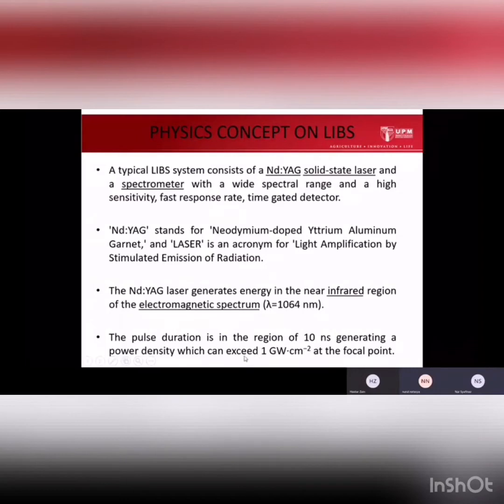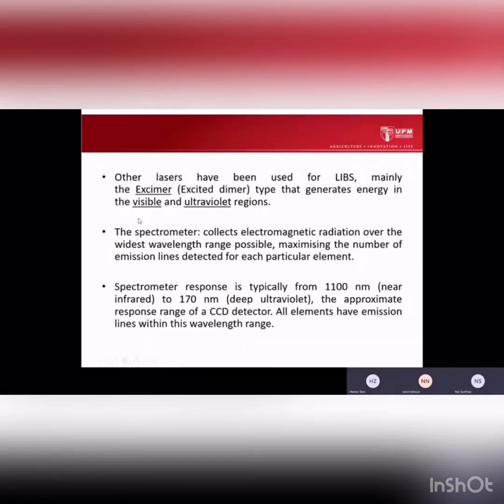So the power density is very high. Like I said just now, the energy is also high. The time taken is also faster because the laser is a short pulse laser. It is very fast.